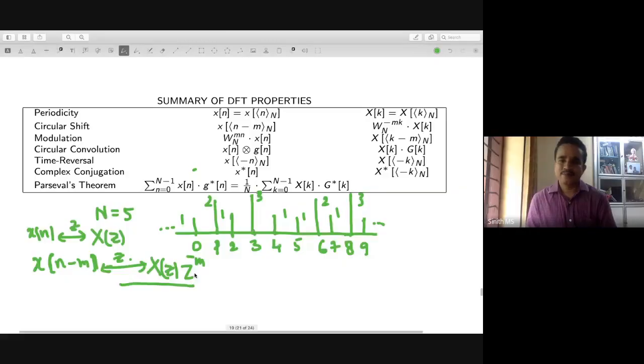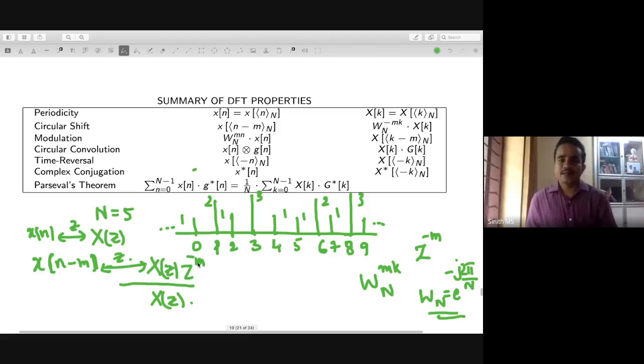You know that z raised to minus m in the Z transform changes to W_N raised to mk, where W_N is e raised to minus j2 pi by N. So similar to this, this change will happen here also.